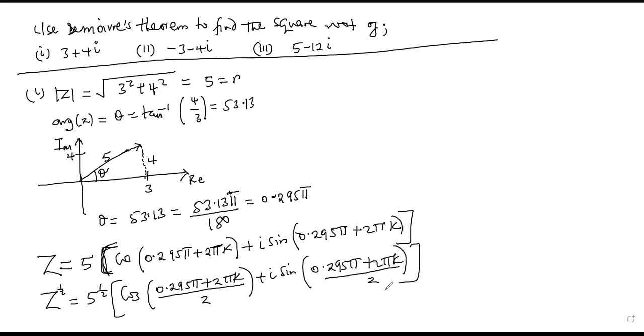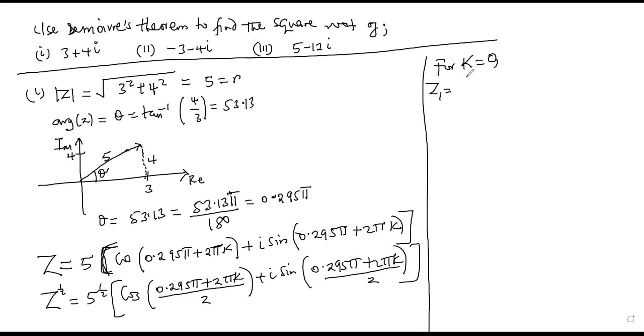Now, since we are looking for the square root, we shall be substituting values of k, beginning with 0. For k equal to 0, we shall get z1.